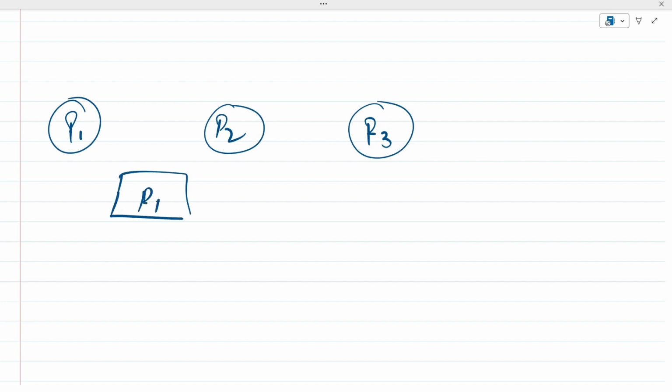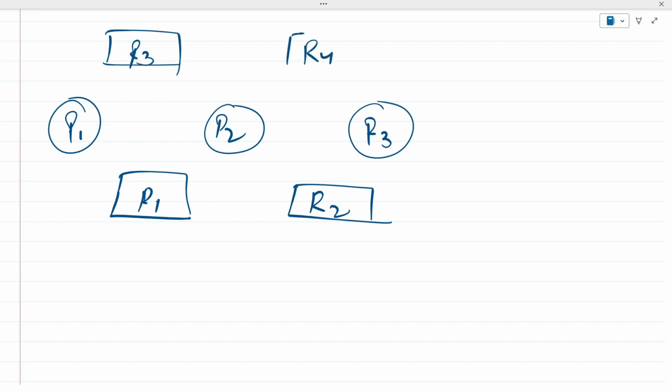Let's say this is process P1, P2, and P3, and we have four resources as well, R1, R2, R3, and R4. We have three processes and four resources. When P1 has resource R1, the edge goes from R1 to P1.